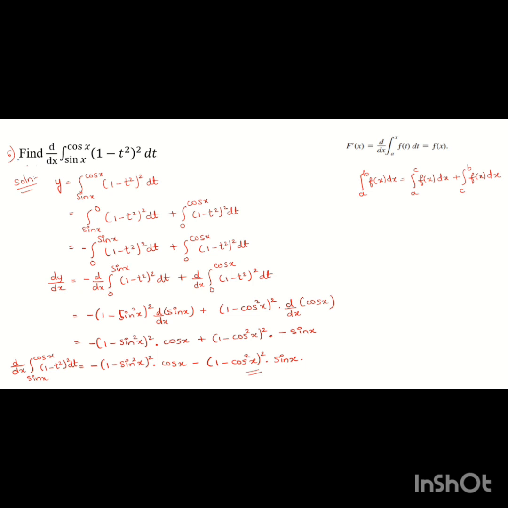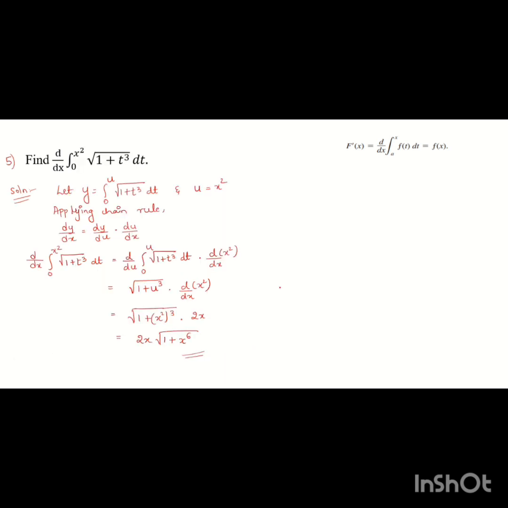Looking back into the previous problem, here instead of doing this chain rule, you can also do the problem directly. That is, d by du integral 0 to u f of t dt can be written as f of u. That is, we write the f of t value and replace t by u, and we find the derivative of u, that was our x square.